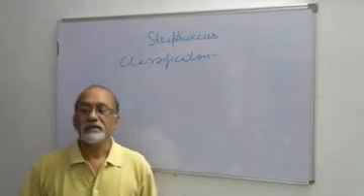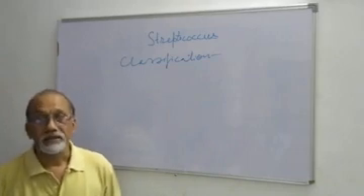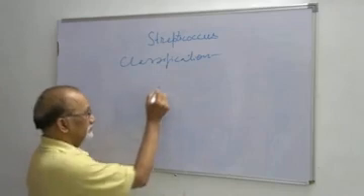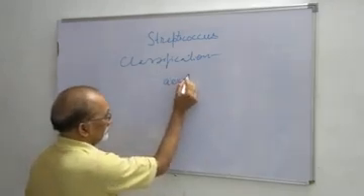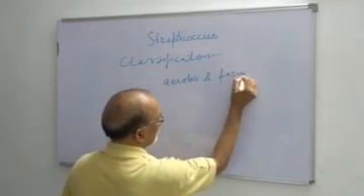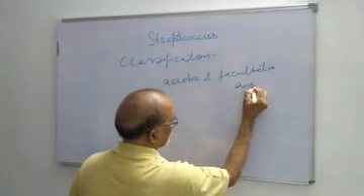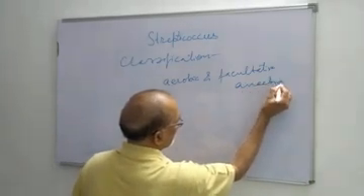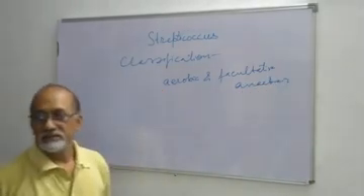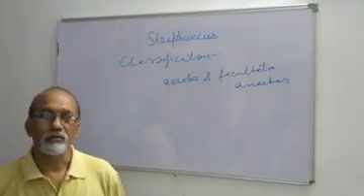Streptococci are first divided into aerobic and facultative anaerobes, and obligate anaerobes.